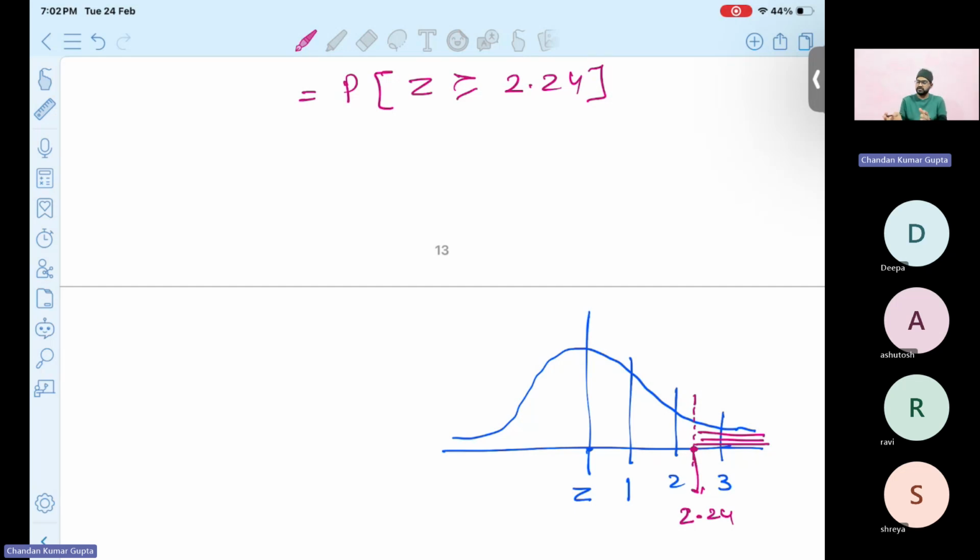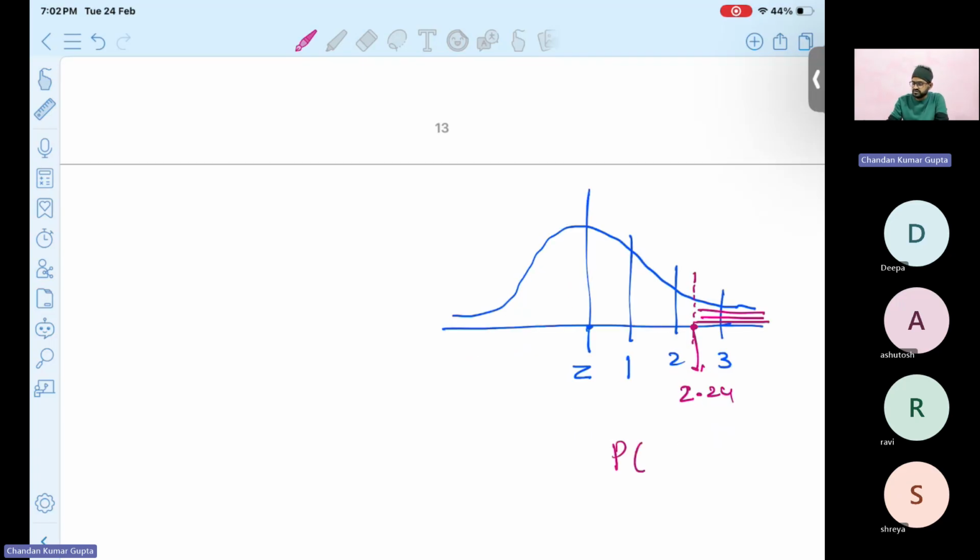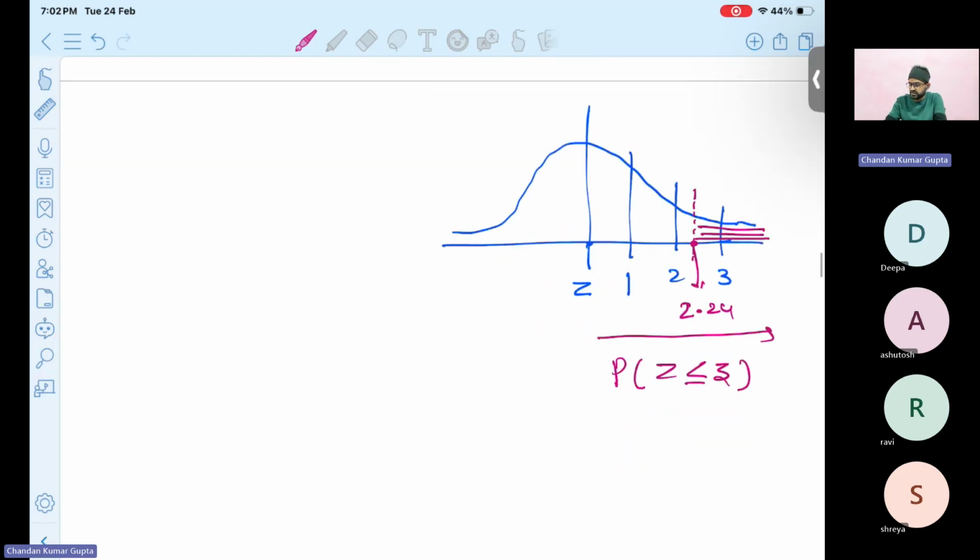Since we have a different kind of table, what does that mean? It means that if we have the probability that Z is less than or equal to z, this kind of table as above, the area from here to here is half, 50%.